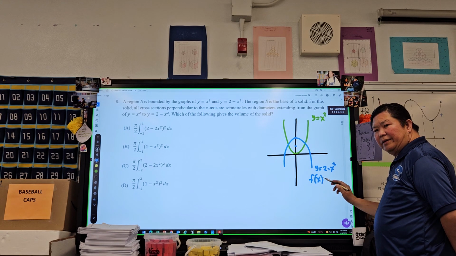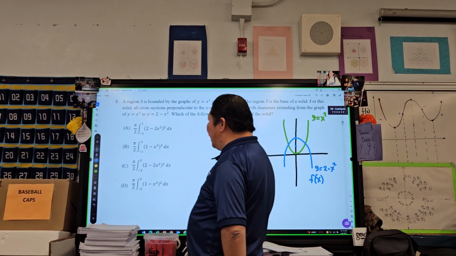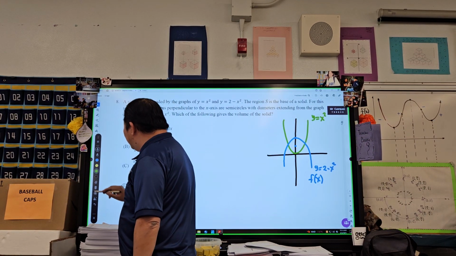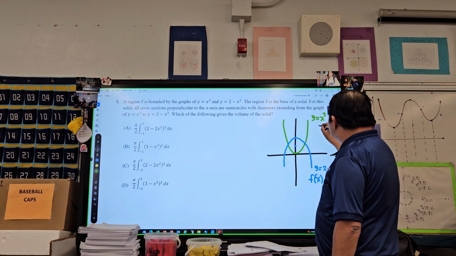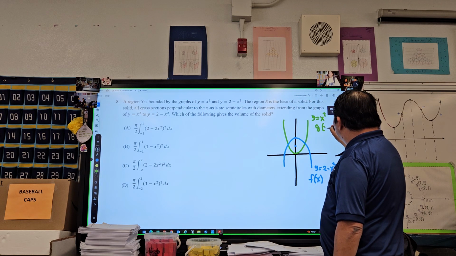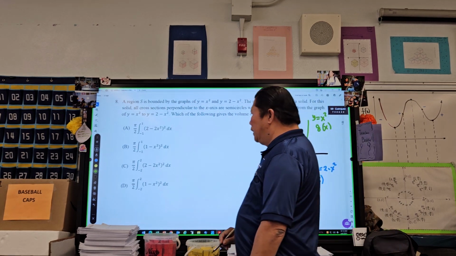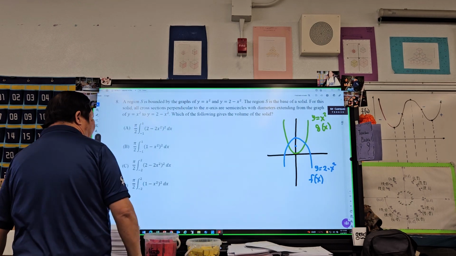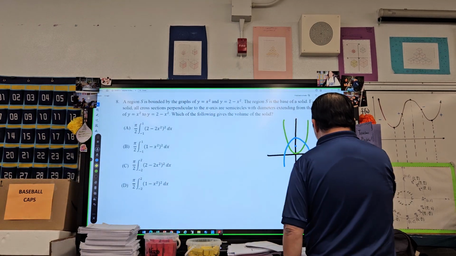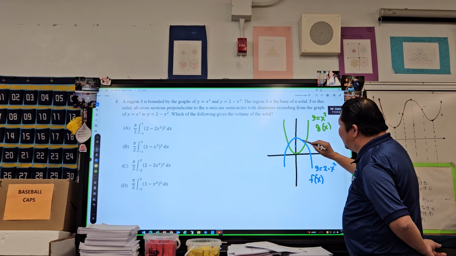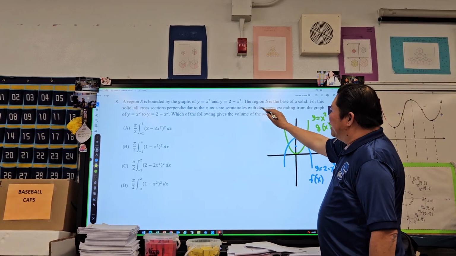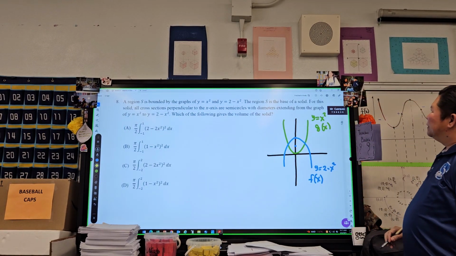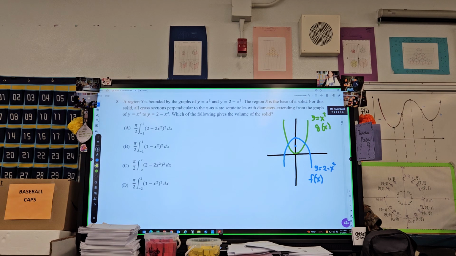You get me, guys? And the green is g of x. Okay, so I need to have this one, since it is only on the first quadrant, right?